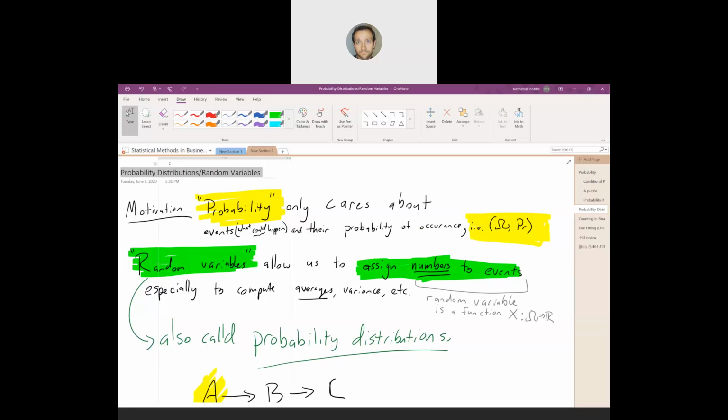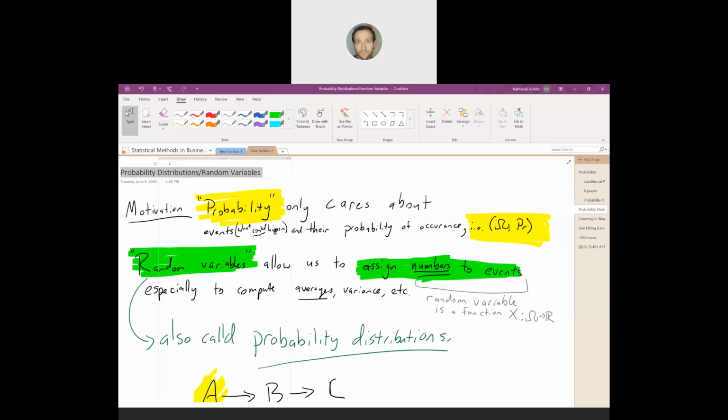Random variables take events and turn them into numbers. They keep the probabilities, the probability function identical to the probability space that it's built on top of.